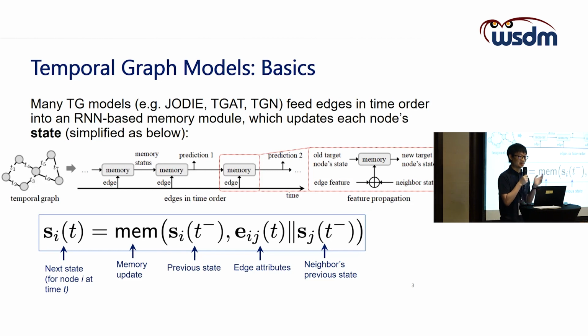First, let me start by giving some basics of temporal graph models. Some of you may have seen this before, but for the benefit of those who have not, I'll briefly introduce it. There are many temporal graph models.